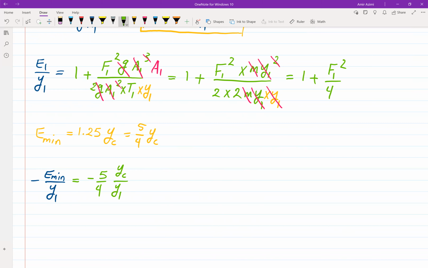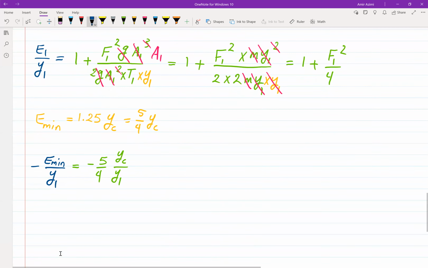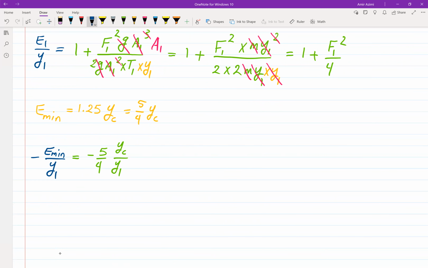So if you look at equation 3.29 of the textbook, you'll find the relationship between YC and discharge. So YC is equal to the 5th root of 2Q squared divided by G M squared.